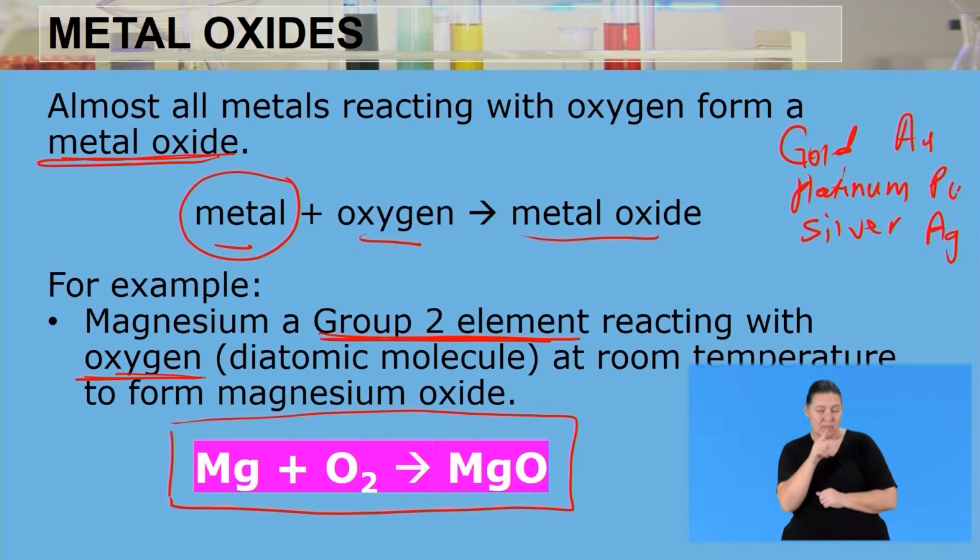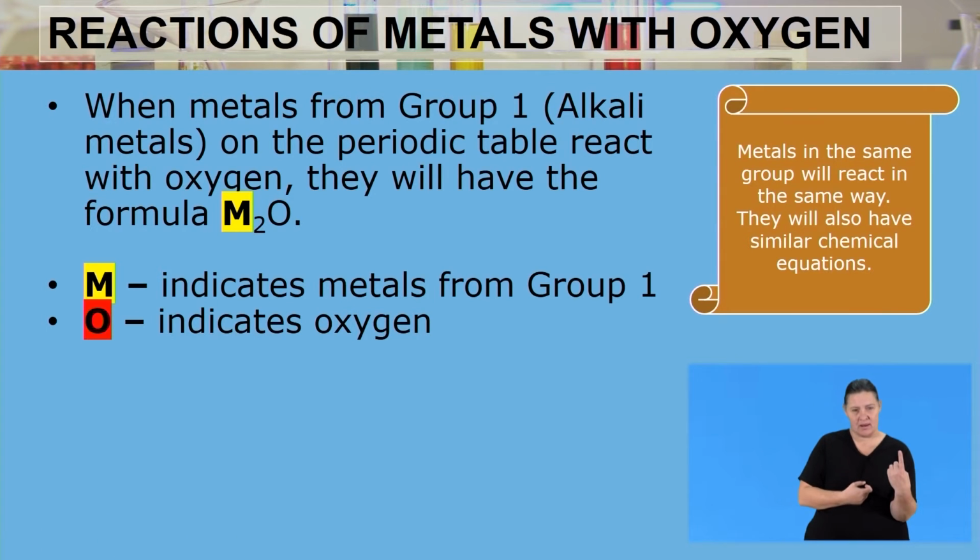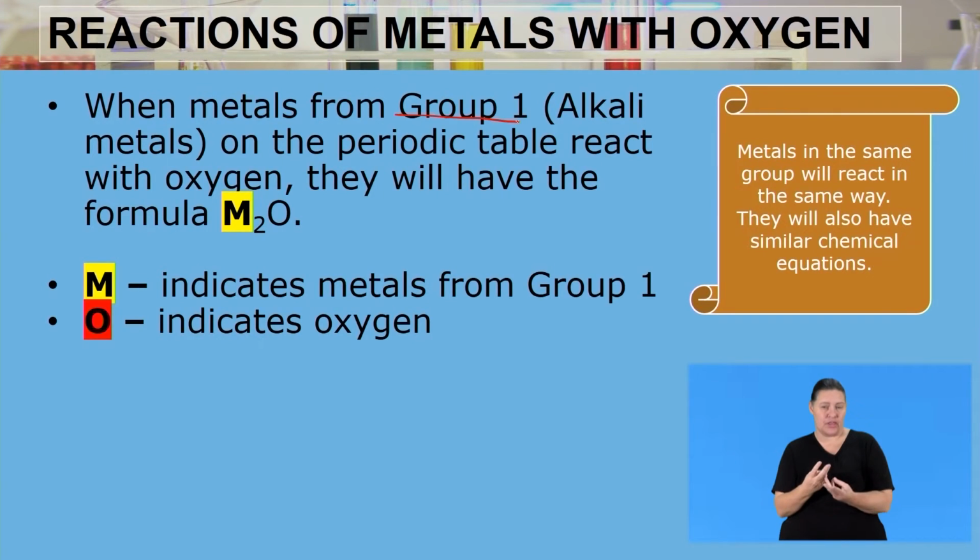Now, remember, you need to make sure that the equations are balanced. So, when we are now looking at metals in group 1, remember that group 1 atoms are called alkali metals, and group 2 metals are called alkaline earth metals. So when metals from group 1 react with oxygen, they will make the formula M2O.